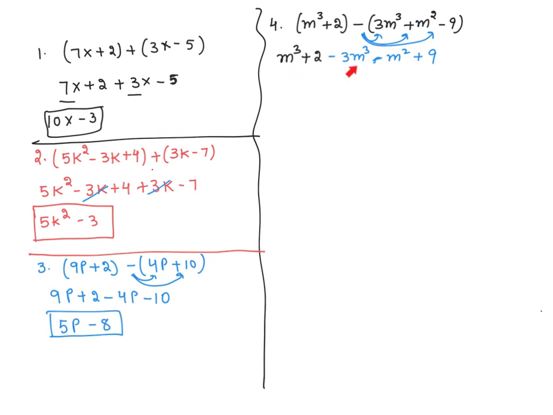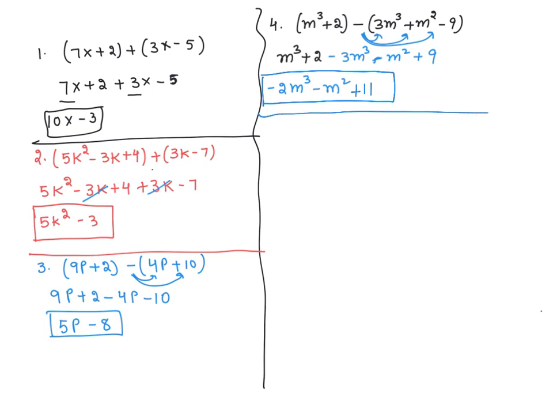M cubed minus 3m cubed would be negative 2m cubed. Minus m squared stays as it is, because there is no like term for it. We are going to combine the 2 and 9, and that's going to give you plus 11. So negative 2m cubed minus m squared plus 11.